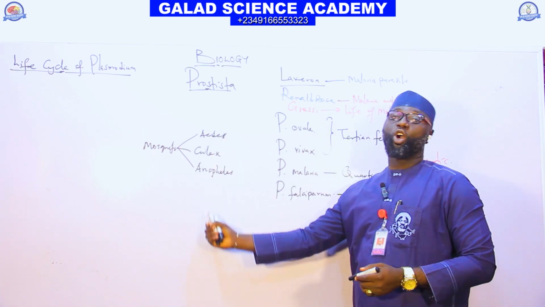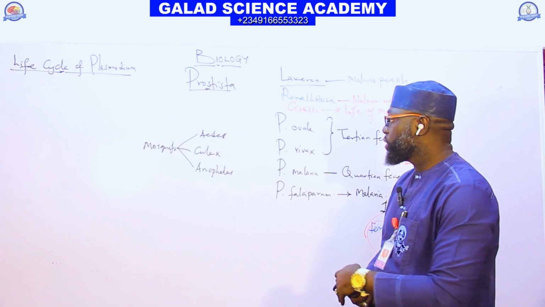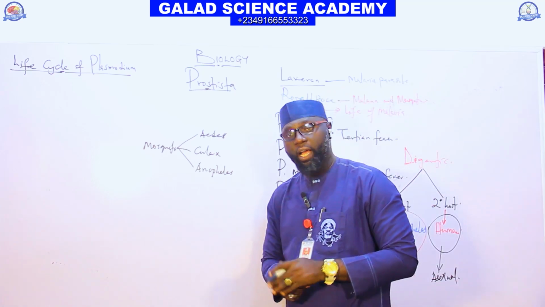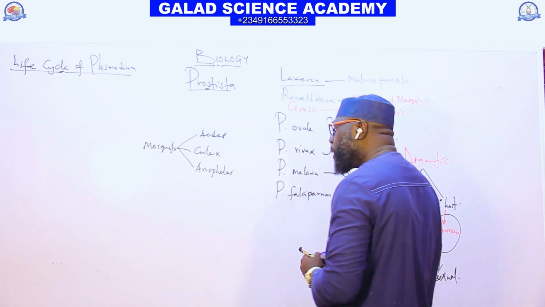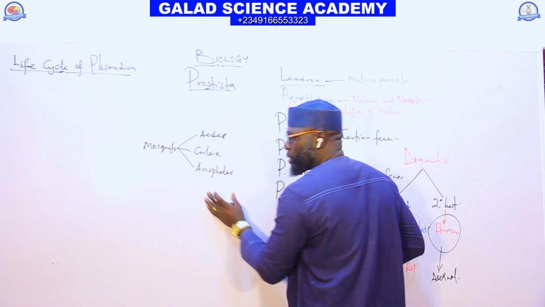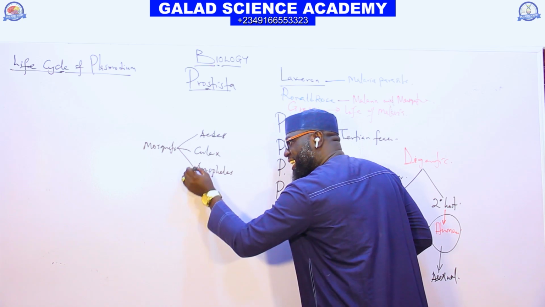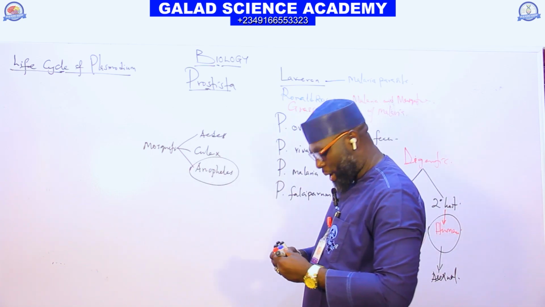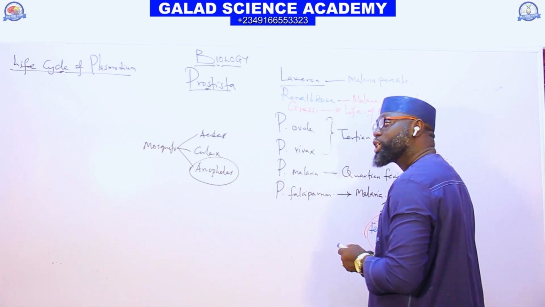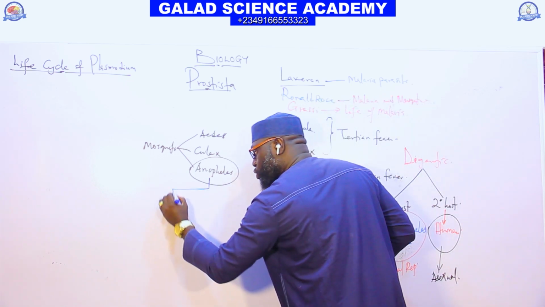These are the three species of mosquito we have. When we get to the arthropoda, you will understand the difference fully. But this female Anopheles mosquito is the mosquito that is concerned with our malaria.